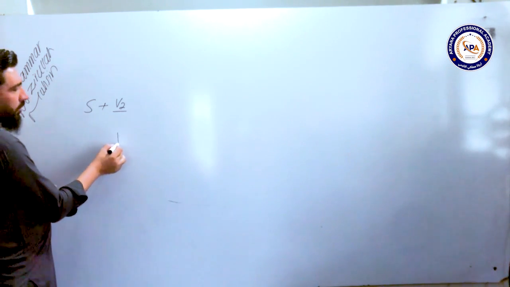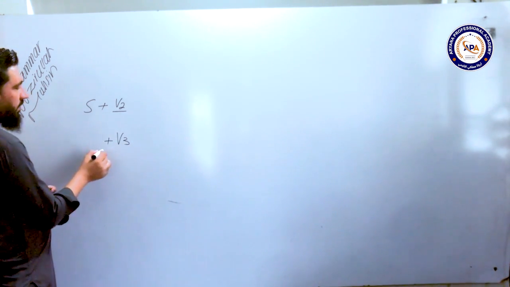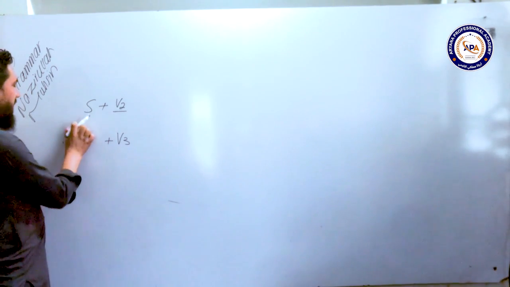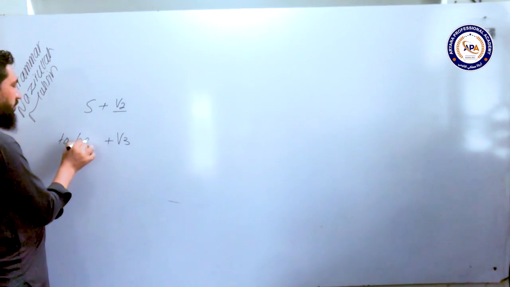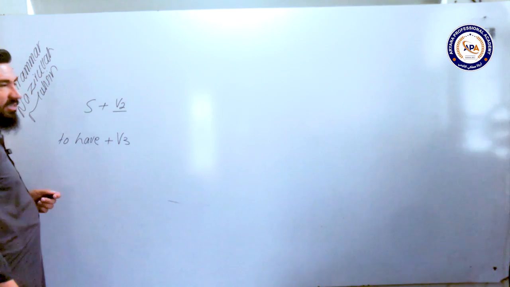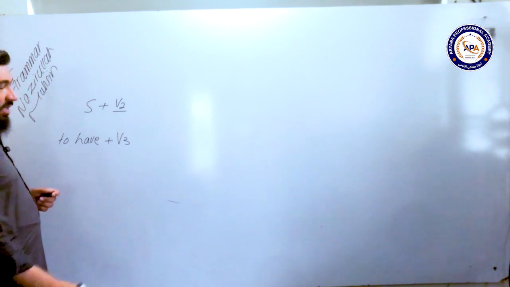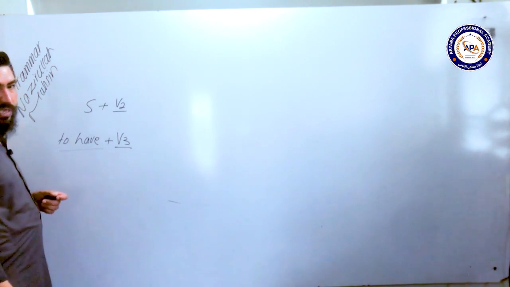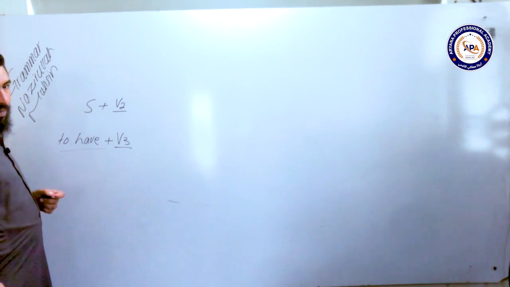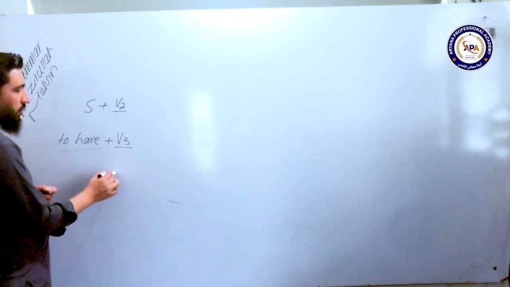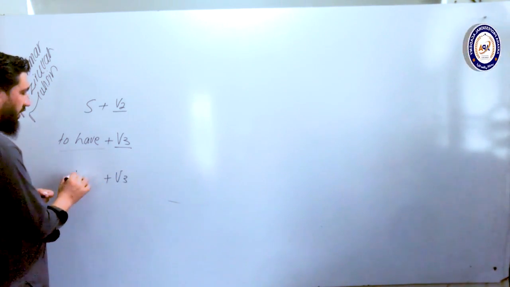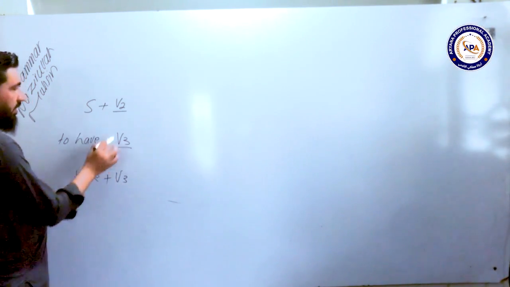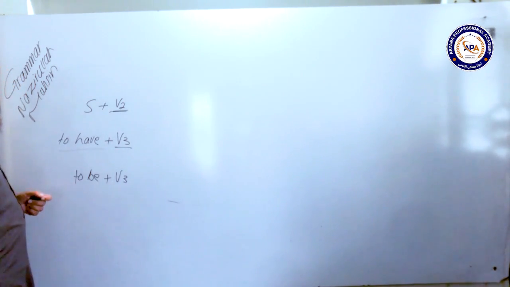And whenever we want to use the third form of a verb, there must be to have verbs before it, like have, has, or had. Because the third form of the verb is never used without to have verbs in active voice. And in passive, the third form is used together with to be. But the second form is used directly after the subject.